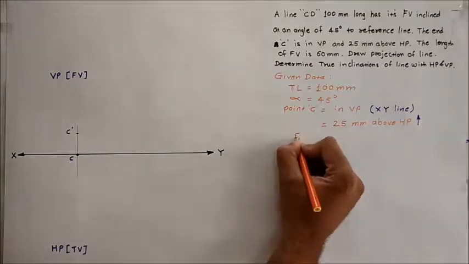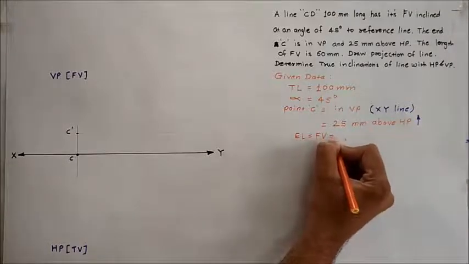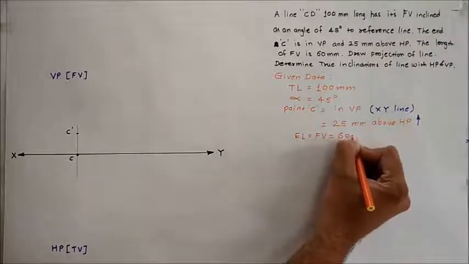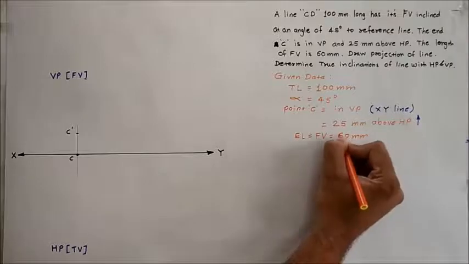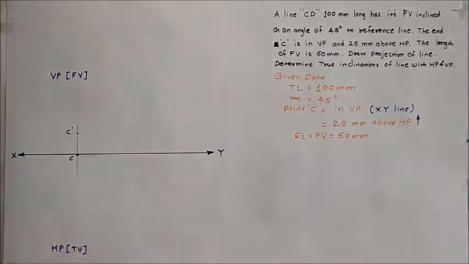So the elevation length which is equals to the front view is given, that is 60 mm. So front view dimension is known, angle made by front view is known. So first we will plot the front view as per the given dimension.